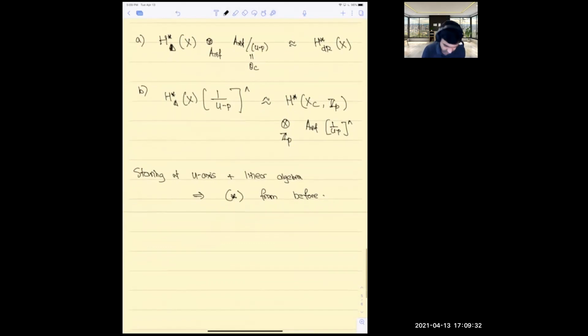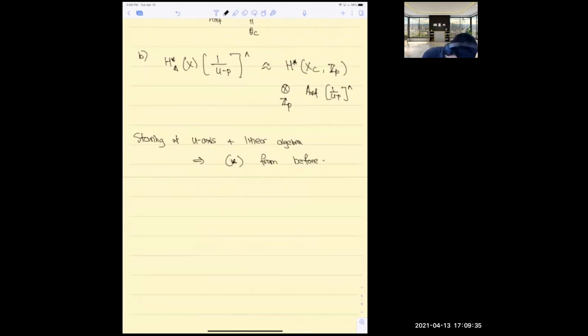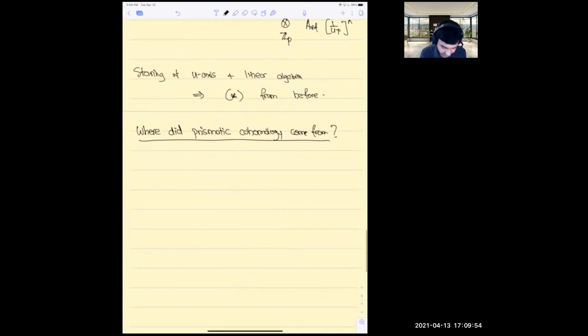There was a more precise inspiration for this. There were actually two essentially unrelated motivations for wanting a cohomology theory that looks like this.